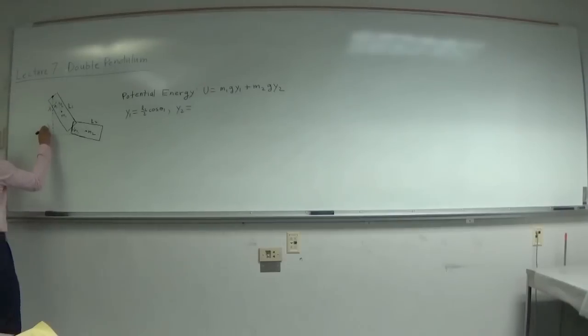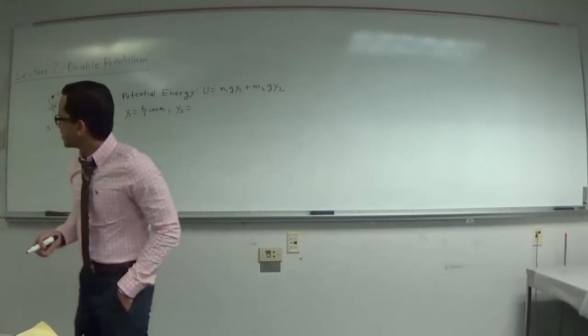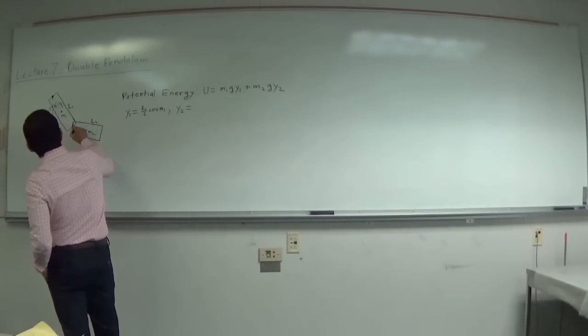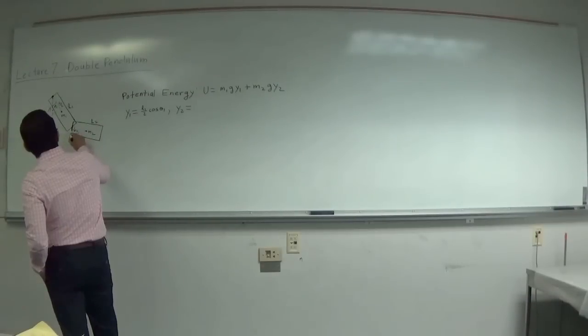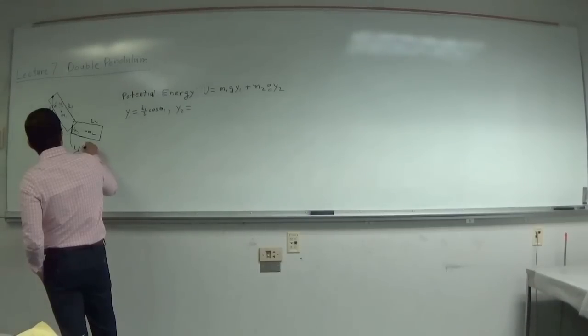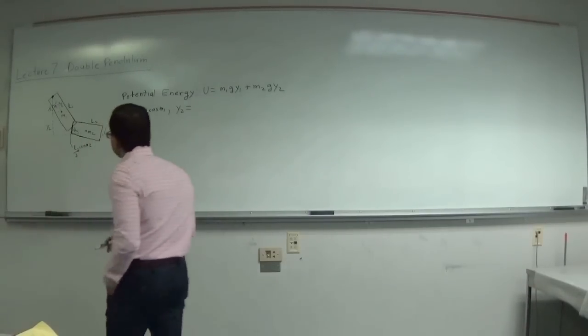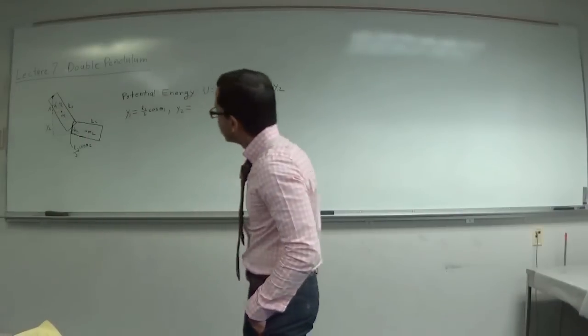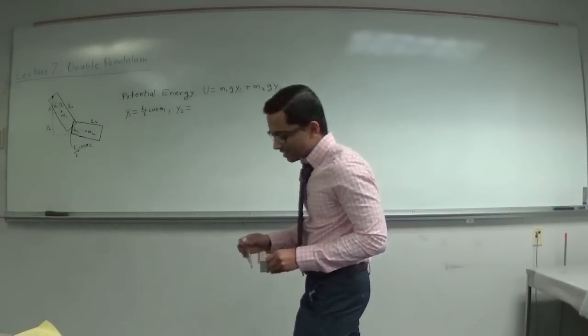So this is y2. L1 gives you this part, and this part will be L2 over 2 cosine theta 2. But now we have to figure out that part. How are we going to do that?